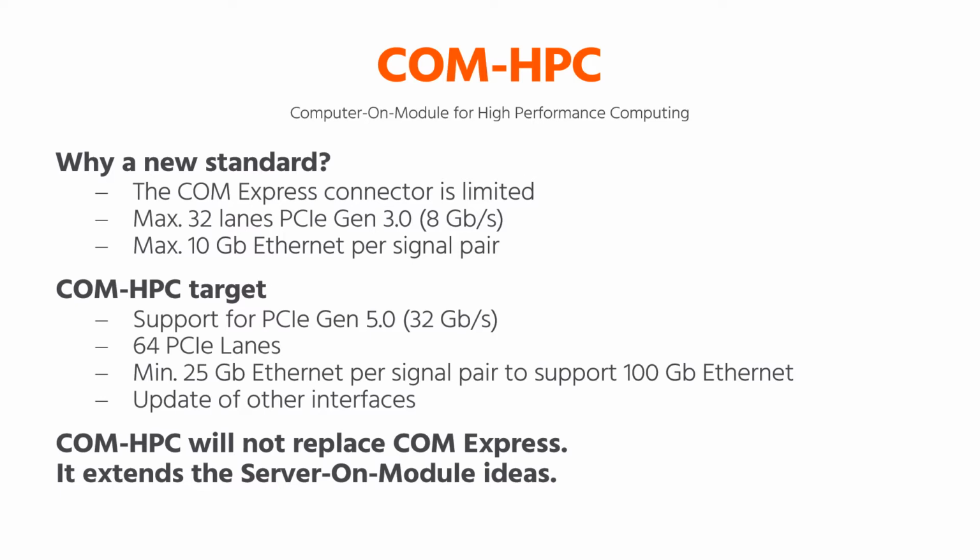The target for the next generation of computer modules was to support a minimum of PCI Express Gen 5, a minimum of 64 PCI Express lanes, and support for 25 gigabit Ethernet, and of course to update all other interfaces with USB 4, just to name one.